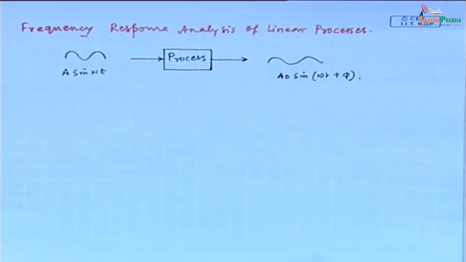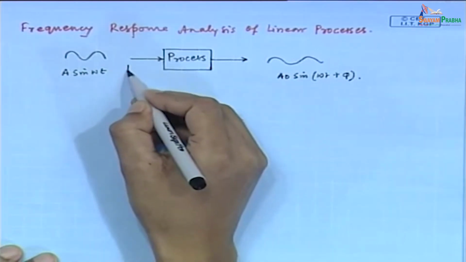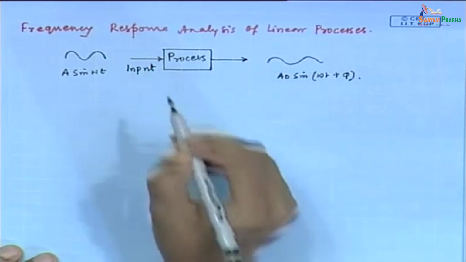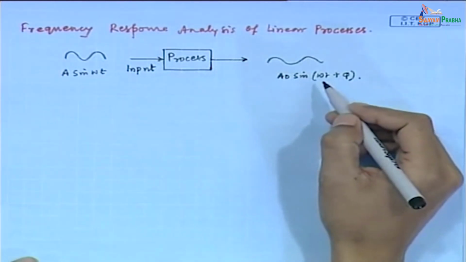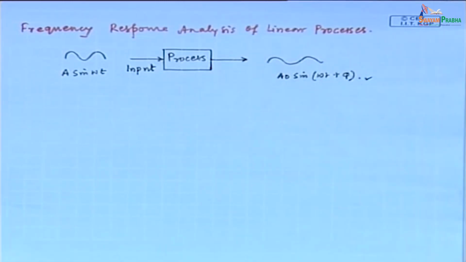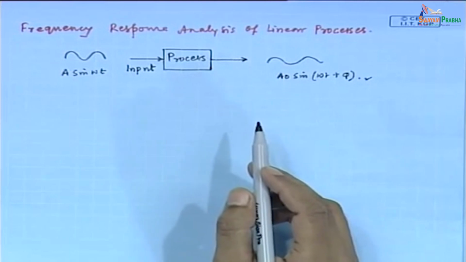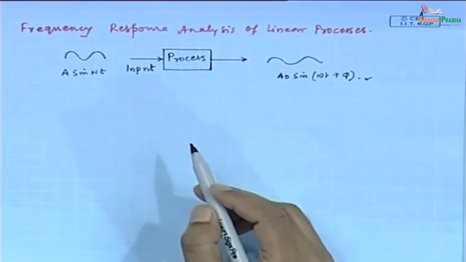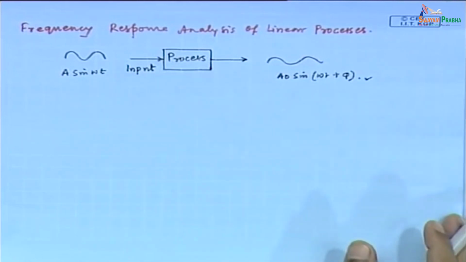A naught is the amplitude, omega is the frequency, and phi is the phase lag.